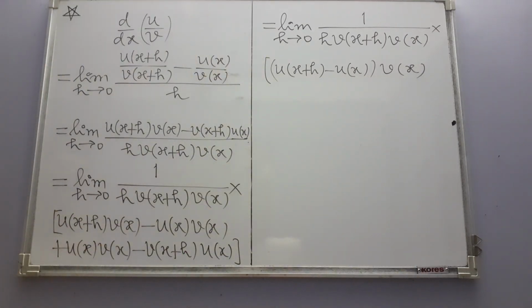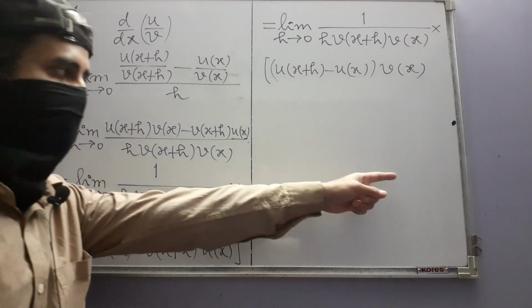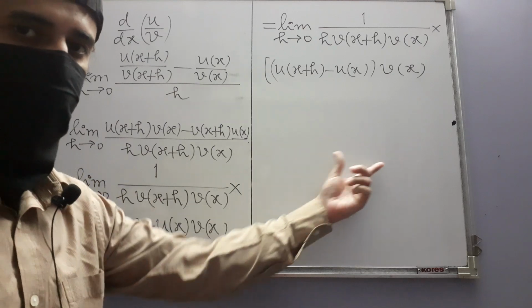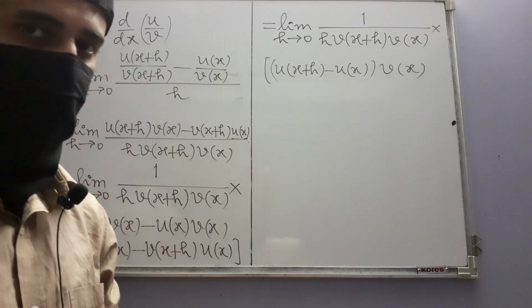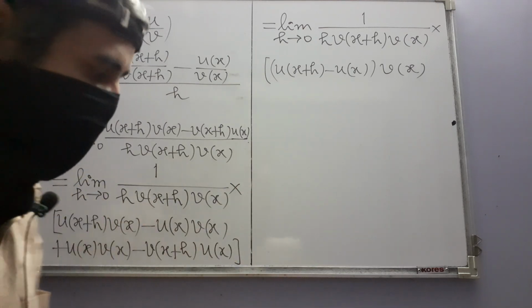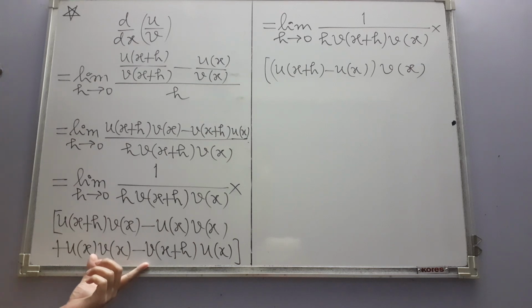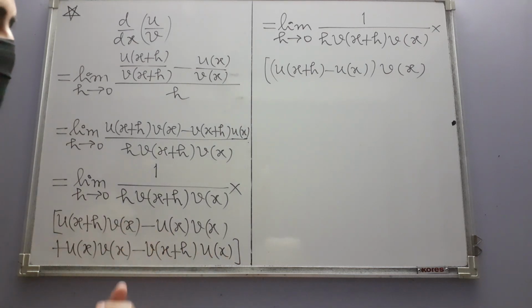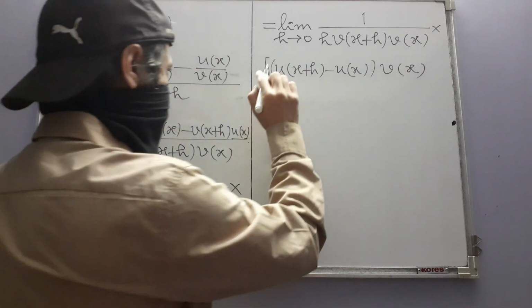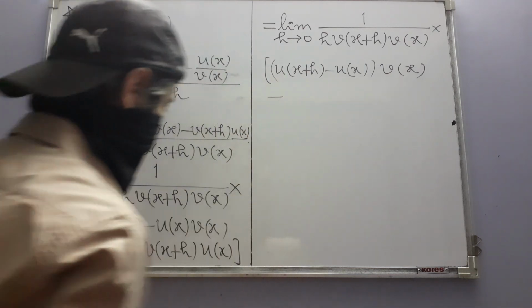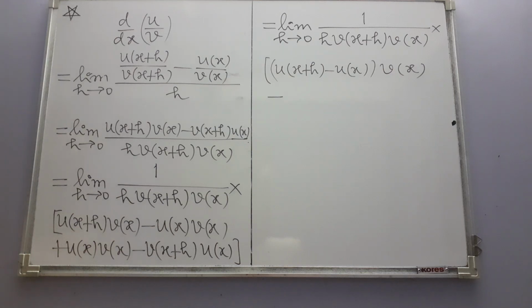Plus. But you see, the ultimate formula, the form in which we need the derivative, that has a minus. So why not, instead of taking simply u of x common out, in order to bring a minus, let me take minus u of x outside.